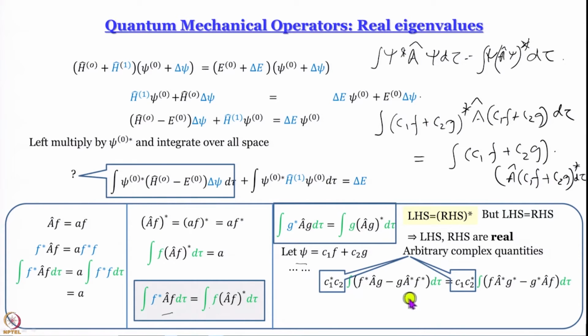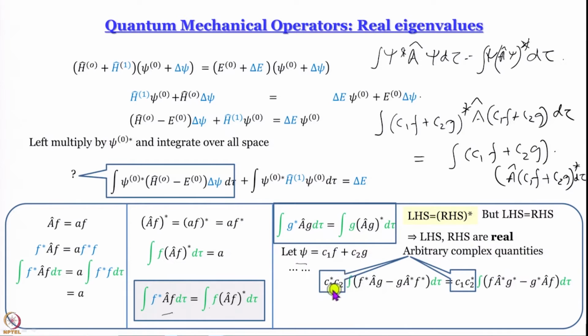So, what about the rest? Remember, let us work with the left hand side first. Left hand side is real. Left hand side is made up of two factors. The first one is C1 star C2, second one is the integral. Similarly, right hand side is C1 C2 star multiplied by another integral. Now, each is real.